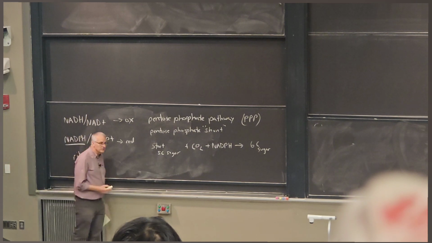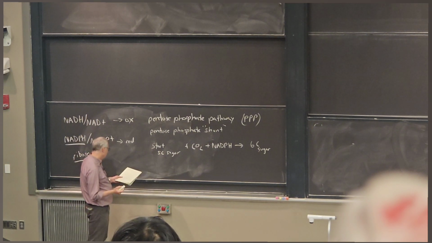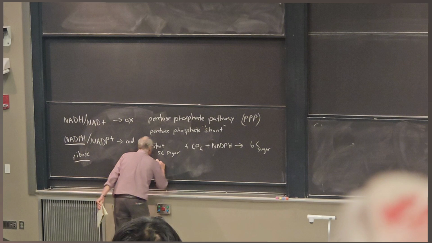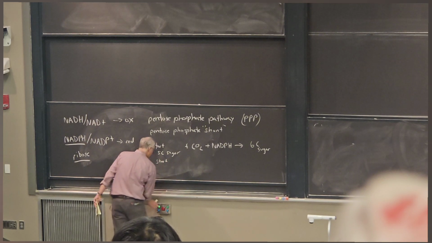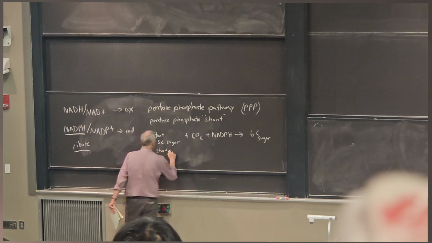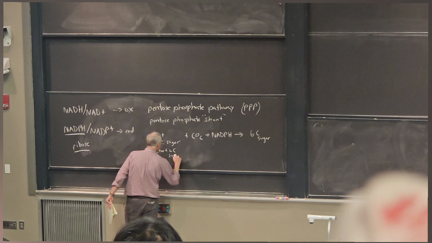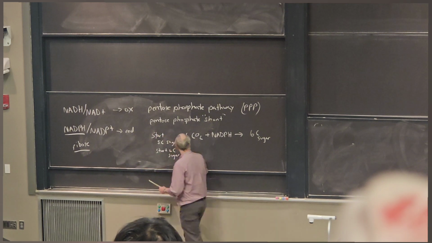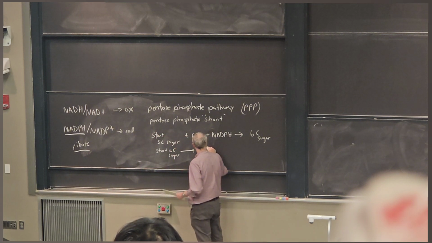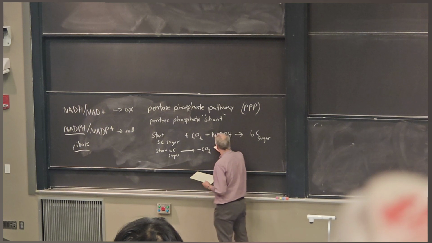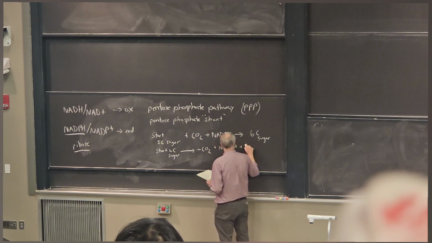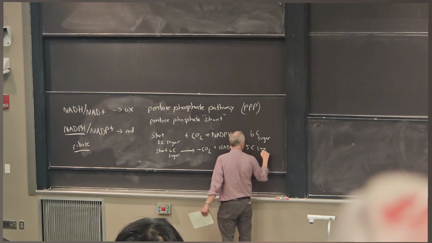Well, what the pentose phosphate pathway is going to do is the opposite. We're going to start with a 6-carbon sugar, and we're going to effectively take away a CO2 and generate an NADPH and a 5-carbon sugar.